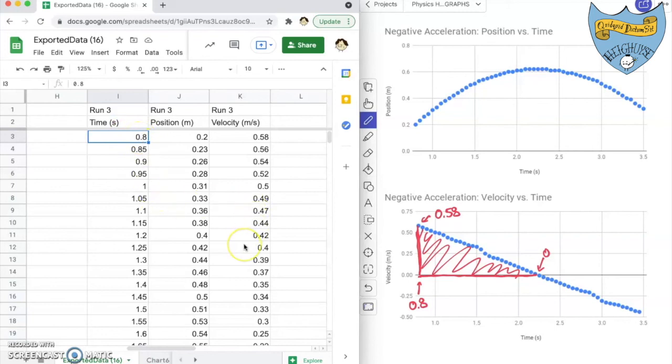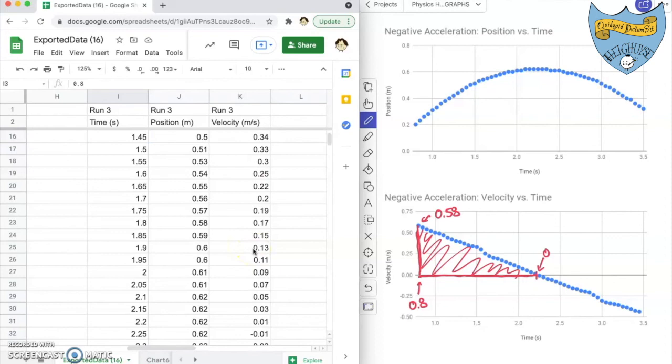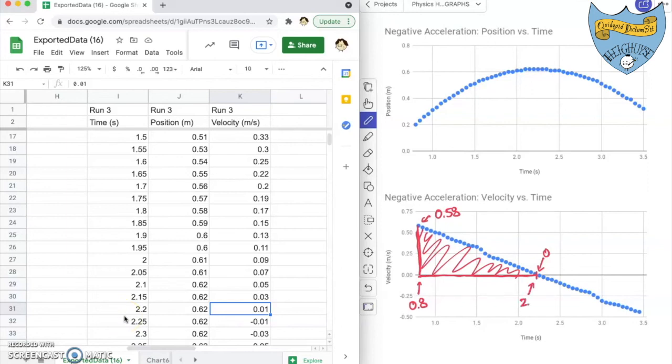And now to figure out when this moment happens, I'm going to have to look at my data table. And yeah, technically there isn't an exact moment when the velocity is exactly 0 according to these data points. So I could take these two and make the average of them. That seems like more work than is necessary. I'm just going to declare it, how about 2.2?